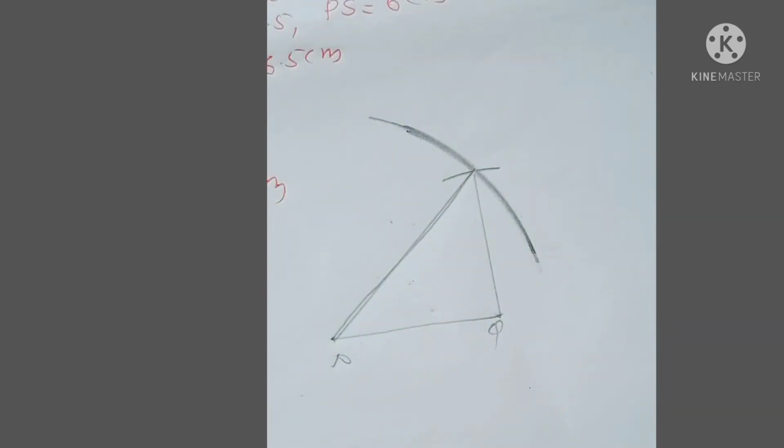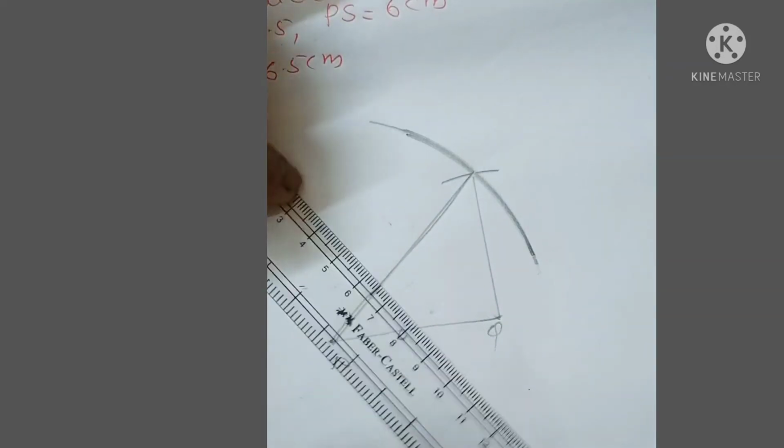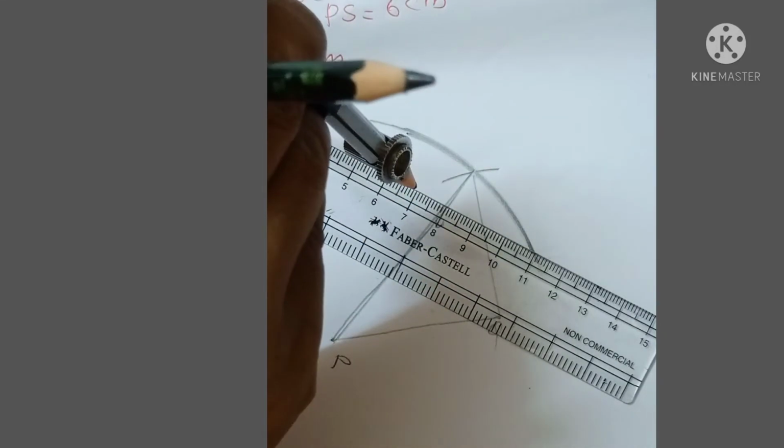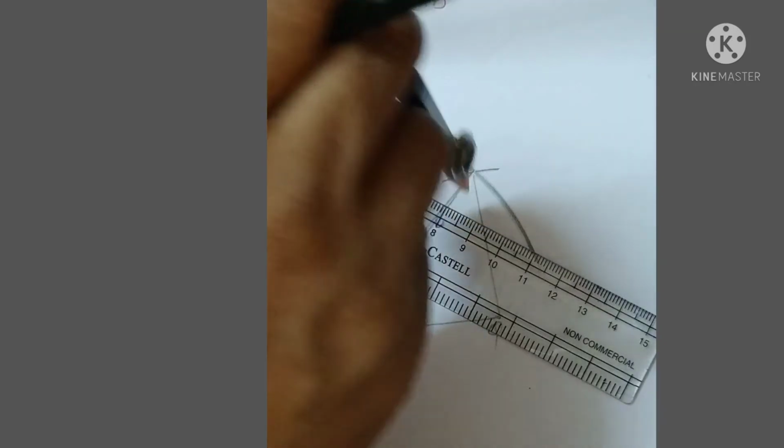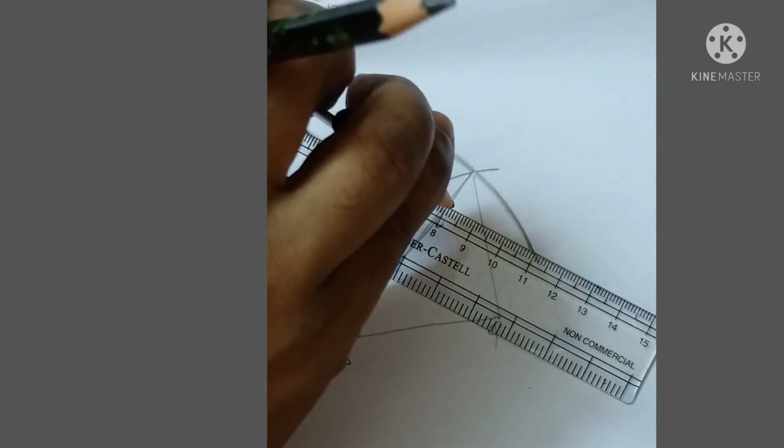Then after that I want to take the 6 cm length from P. Again take the compass and 6 centimeter. So from 3 to 9 is 6 centimeter.